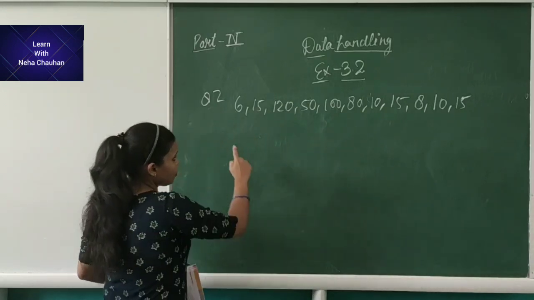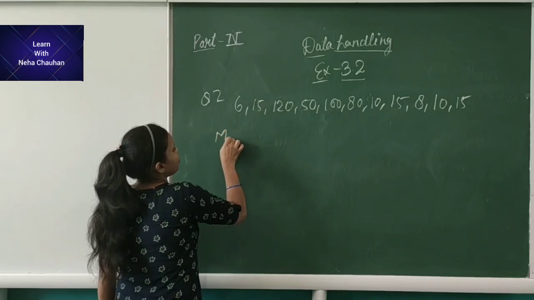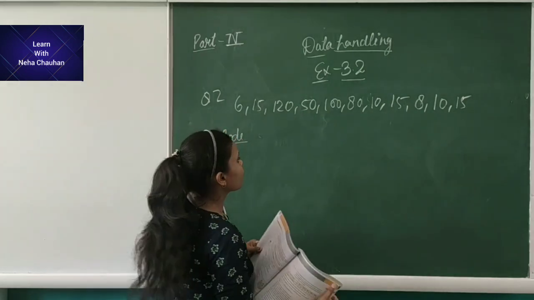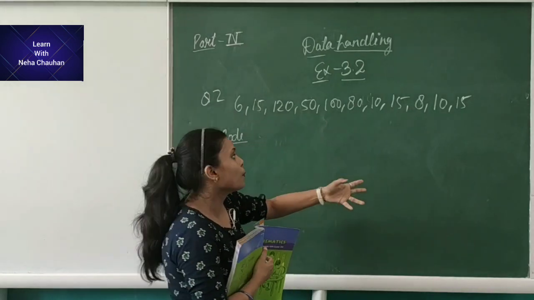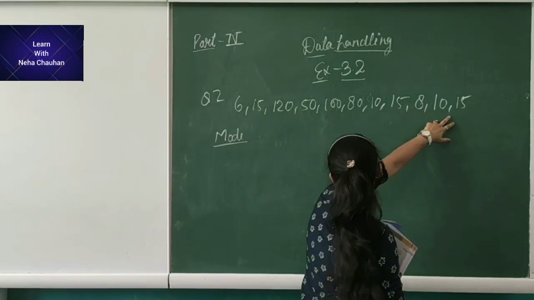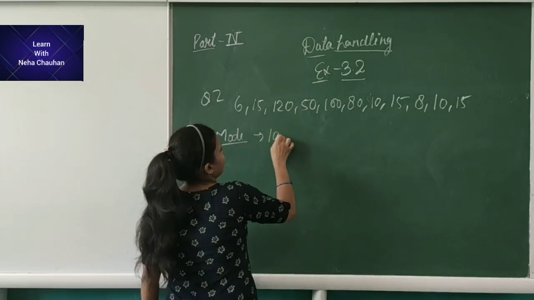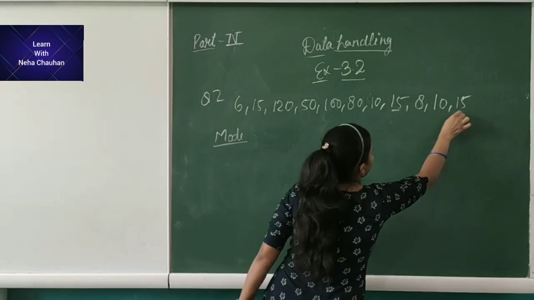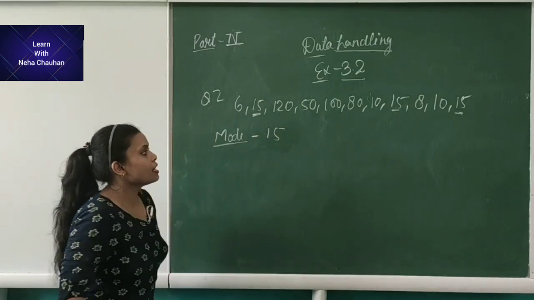First of all we will find the mode. Mode is the highest frequency, so we need to see which number is repeating the most. 10 and 15 are repeating, but 15 repeats 3 times, so the mode for this data is 15.